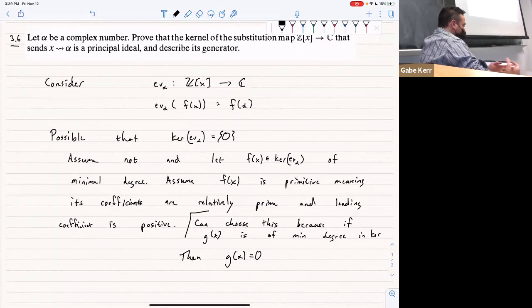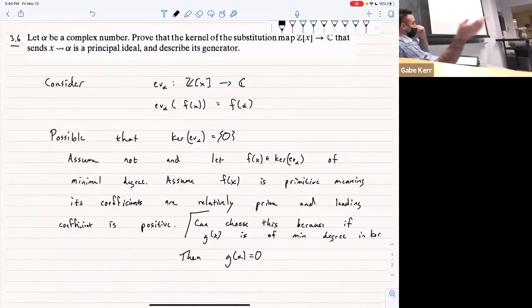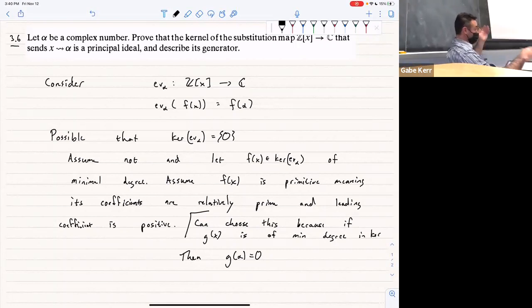Now, what if it's not primitive? Okay, if the leading coefficient is negative, you just multiply by negative one, that's not a problem. But the bigger issue is, what if there's a prime that divides all of the coefficients? What do you do?